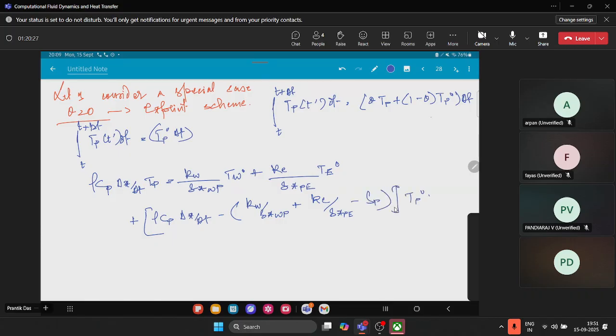So this can be further written as AP TP equals AW TW naught plus AE TE naught plus AP naught TP naught.